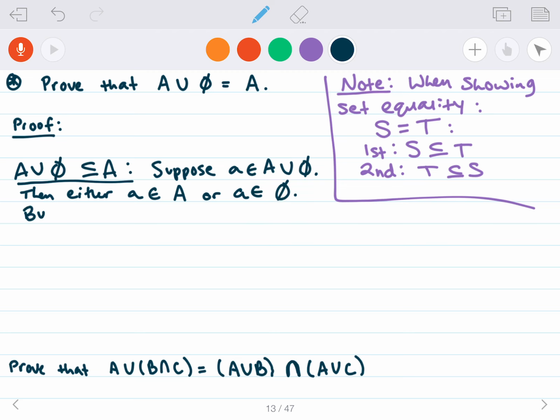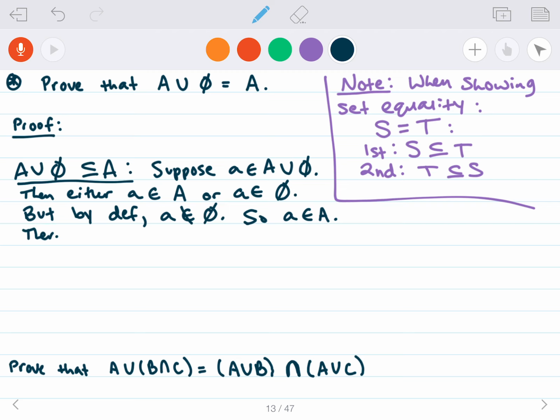But, of course, by definition, a cannot be in the empty set because it's empty. So a is in A. And there we have that first direction.